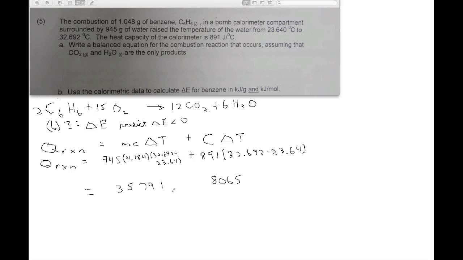So then we can add those two up and we get Q for the reaction is equal to the negative 43,855.856 joules.